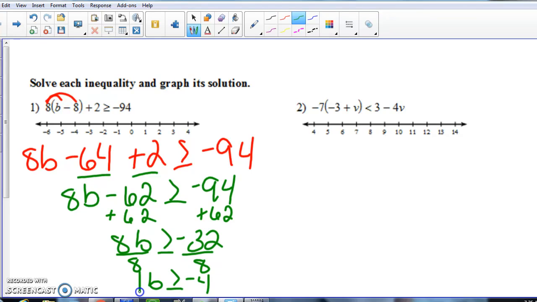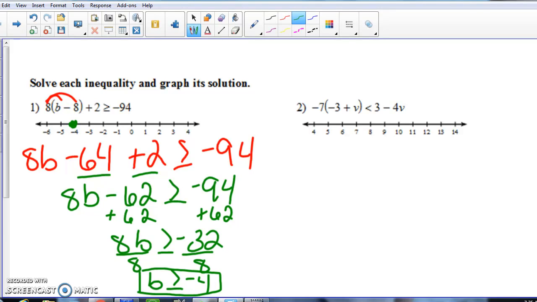All right, so once I get my solution, there we are, I'm going to box that up. Then I need to graph it. When I graph an inequality, I'm concerned with two things. Is there an open or a closed circle at that number, and which way do I shade? So, because there's a line underneath this inequality, it says greater than or equal to. I go to negative 4, I actually make a closed circle at negative 4.